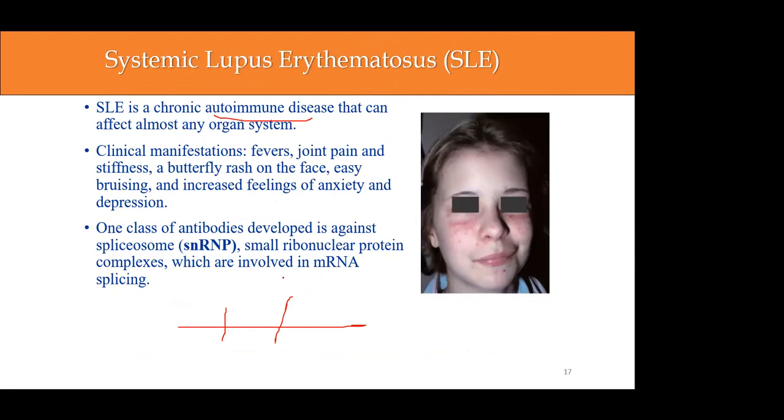Spliceosomes. So if you have antibodies that are attacking the spliceosomes, you're having a problem, and this is going to result in something called systemic lupus erythematosus. This is a very dangerous disease. Sometimes it involves the heart, the kidneys, the nervous system, and it can cause death. Usually it needs immunosuppression.